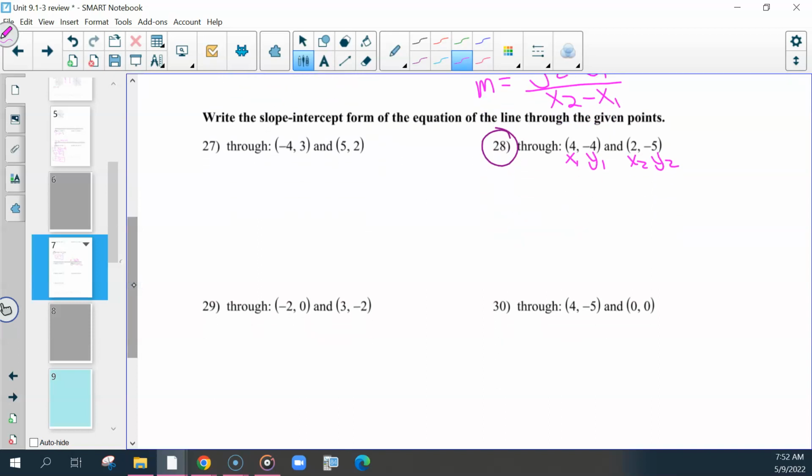And to find our slope, we would have negative 5 minus a negative 4 over 2 minus 4. What would our slope be? This would be negative 1 over negative 2, but the negatives would cancel, just leaving 1/2.